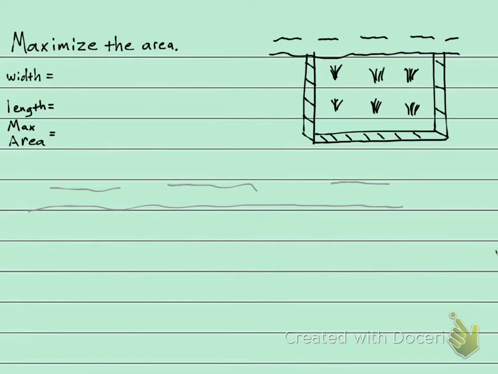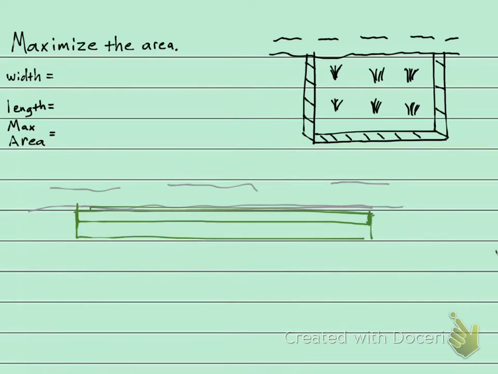And you know, you could put 950 straight along the edge like this, or you could put it out 1 foot and then 1 foot here and then 948, or 2 feet and 2 feet and 946, right? But that's not really going to give you the most amount of area, right?